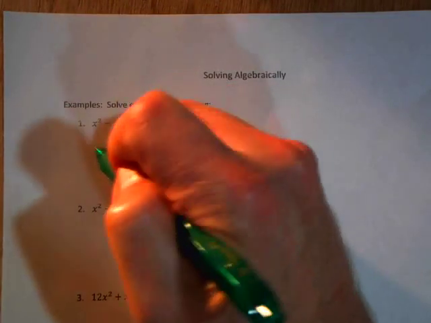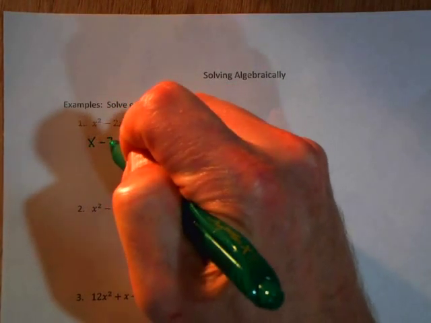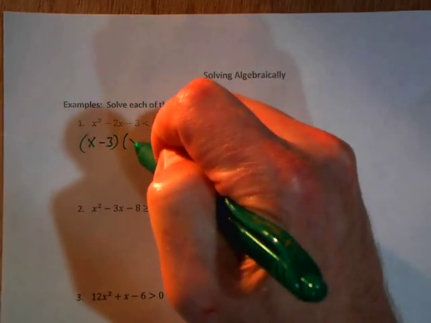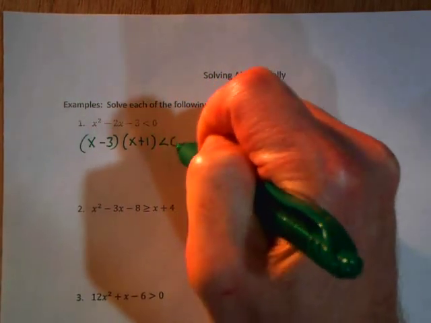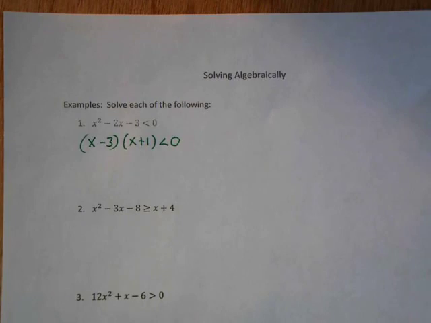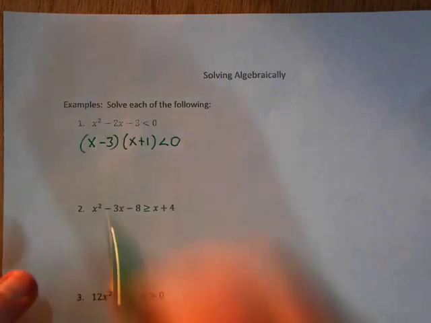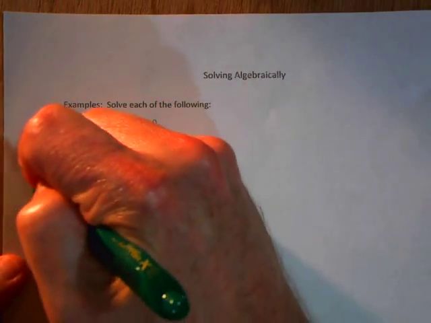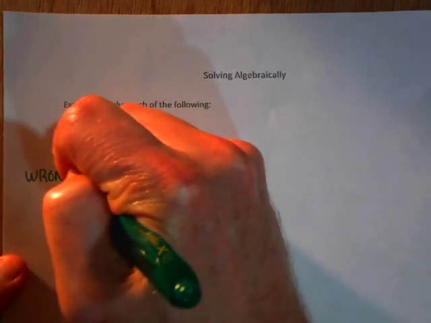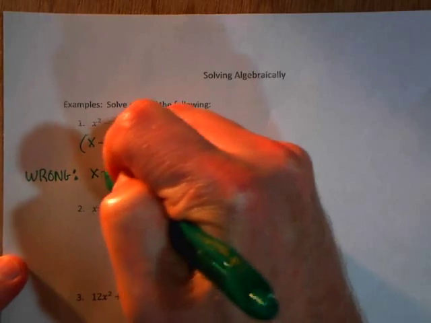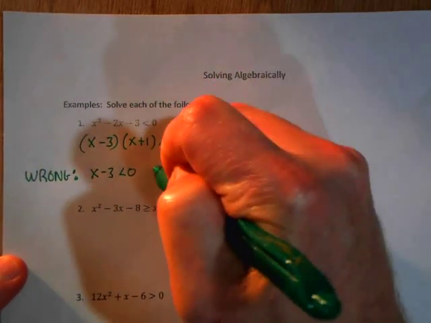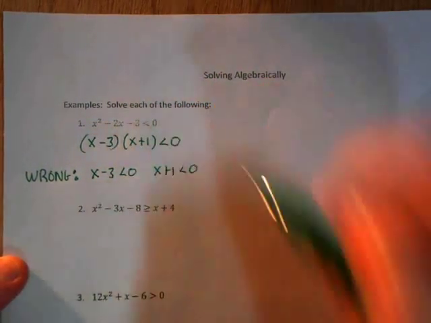So now we factor. This one factors as x minus 3 and x plus 1 less than 0. Then I'll see students do something wrong. All right, so I'm going to write wrong here, and I don't want you to do this. x minus 3 less than 0, x plus 1 less than 0.